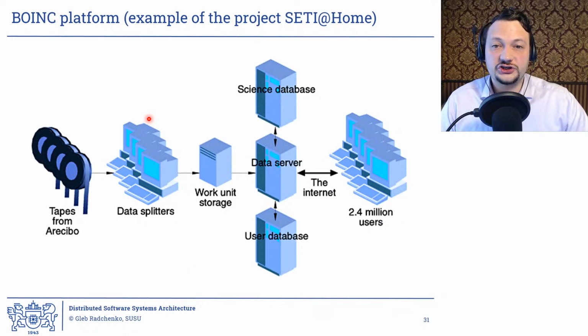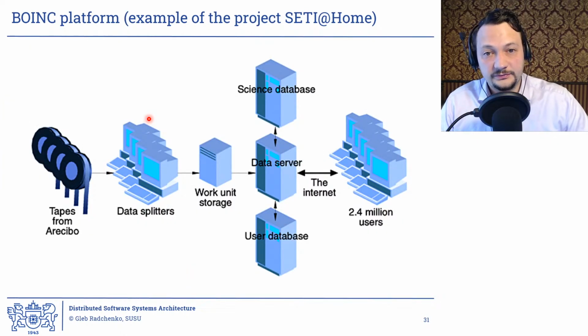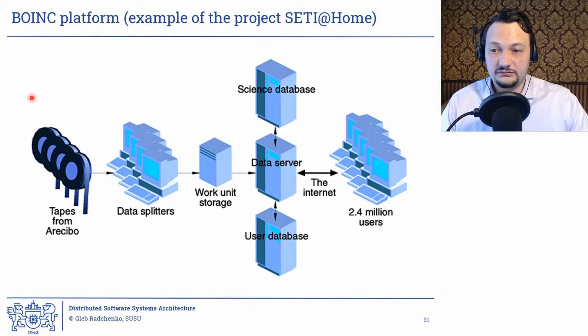So what is the architecture of the BOINC platform? As I said, you have huge amounts of data that you need to split into very, very small chunks that could be processed independently.